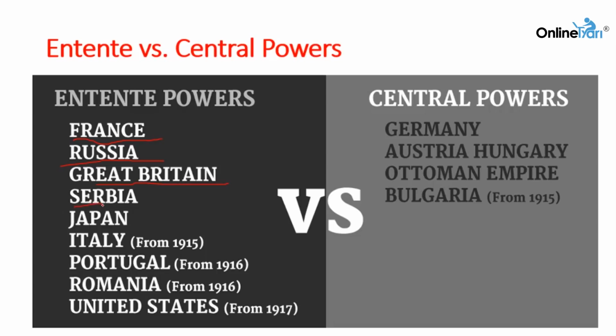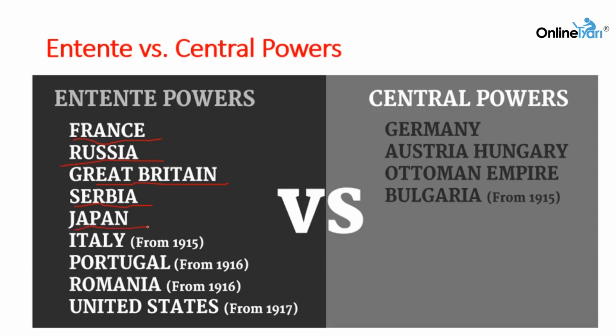And we already know why Serbia joined. The main reason the World War started was that Serbian nationalists killed the Archduke of Austria, so Austria declared war on Serbia, and in support of Austria came Germany, and in support of Serbia came Russia, and the World War started.